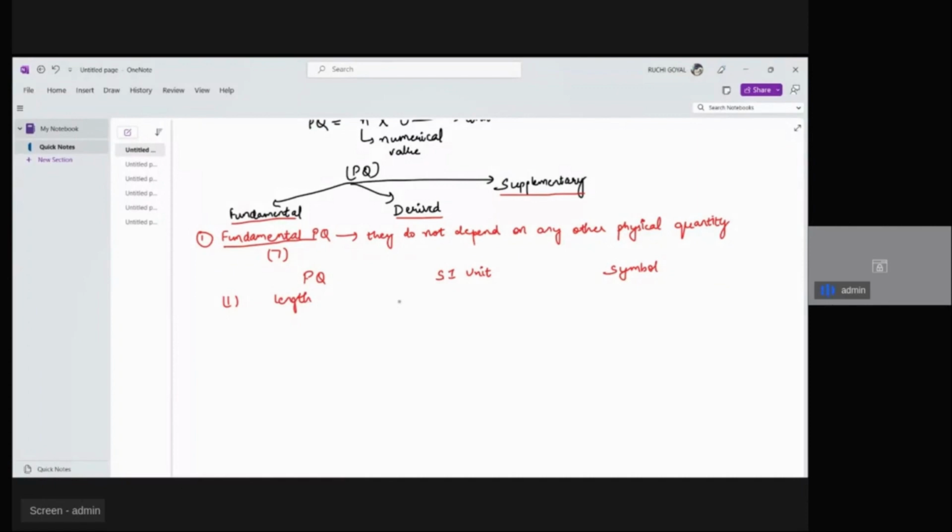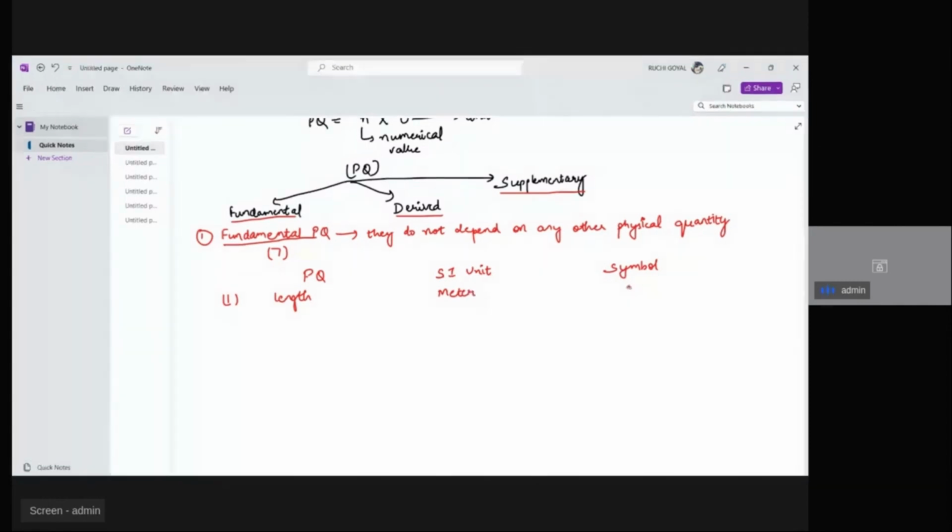The unit of length is meter and the symbol is m. The second physical quantity is mass, and the SI unit is kilogram and the symbol is kg.